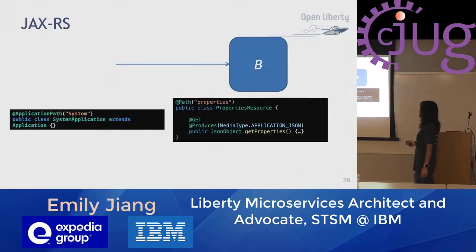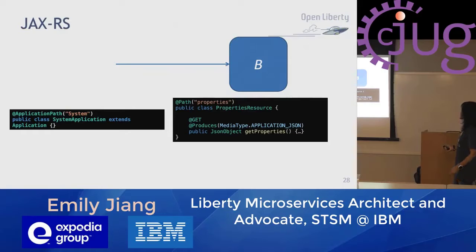So here, how can you create a JAX-RS? Basically, you need to expose an endpoint. The first thing is to create a class that extends Application. This is more like a root. The other thing is the JAX-RS resources. You can create as many resources as you want.